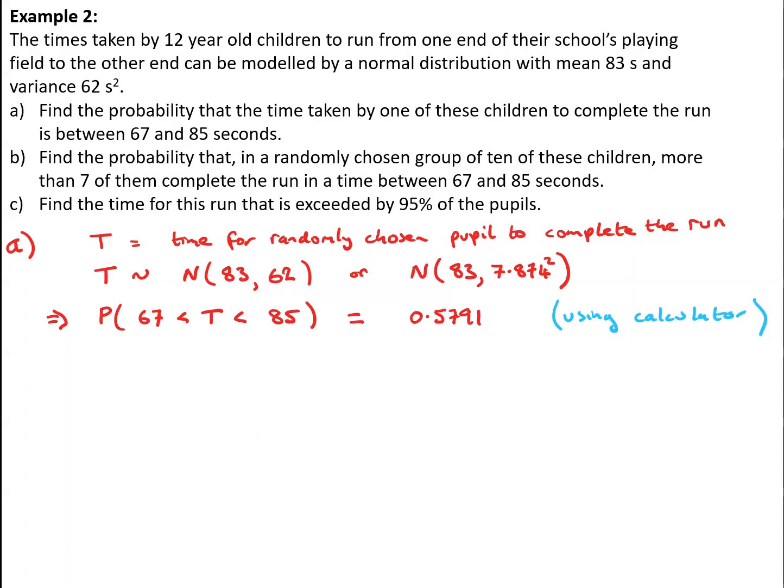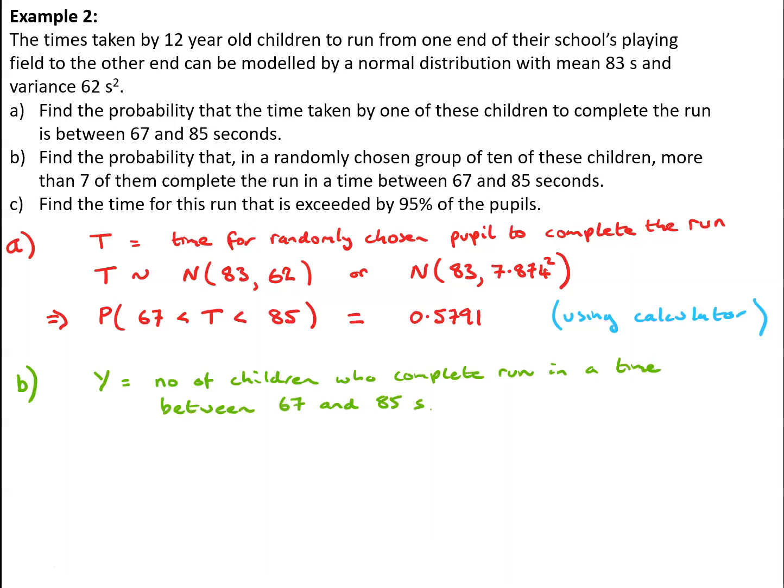Find the probability that in a randomly chosen group of 10 of these children, more than 7 of them complete the run in a time between 67 and 85 seconds. Well, if we let y be the number of children out of the sample of 10 who run in a time between 67 and 85 seconds, then y could be modelled by the binomial distribution with n equals 10 and p equals 0.5791.